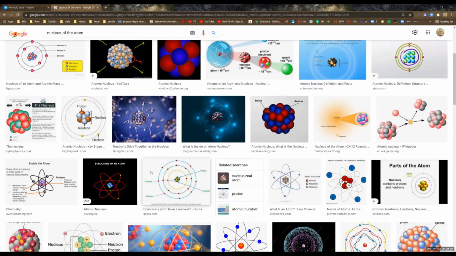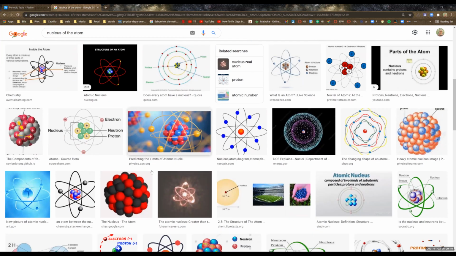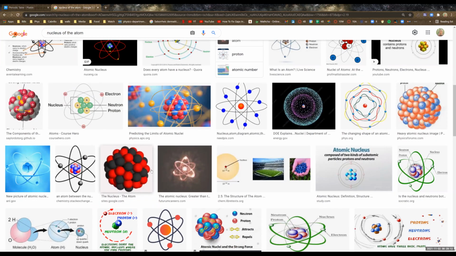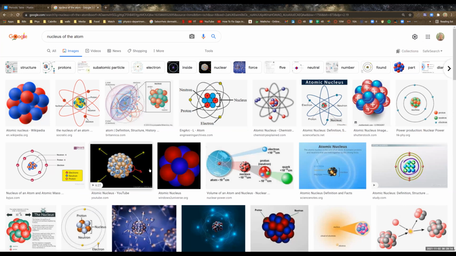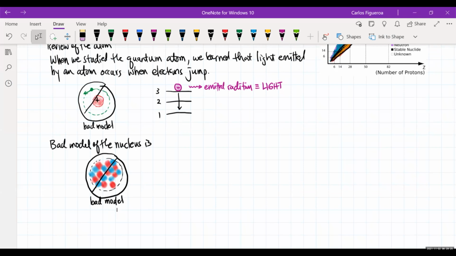Do you see any other picture? And the answer is no. It's a bad model of the nucleus, just like the Rutherford model is. And the problem is it just gets more difficult for people to really grasp what's going on.